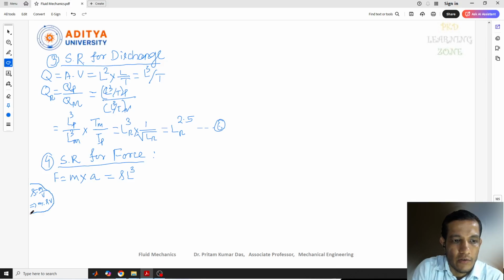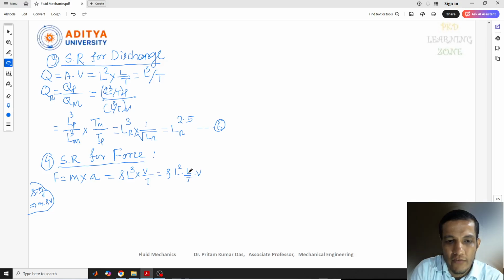So rho I have written, V I have written as L cubed, length into length into length, like length, breadth and width, so that I can write in this way. Again, coming to the acceleration, that is velocity per time, that is V by T. And finally, this one we can split like rho L squared into L by T into V. So what will we get?